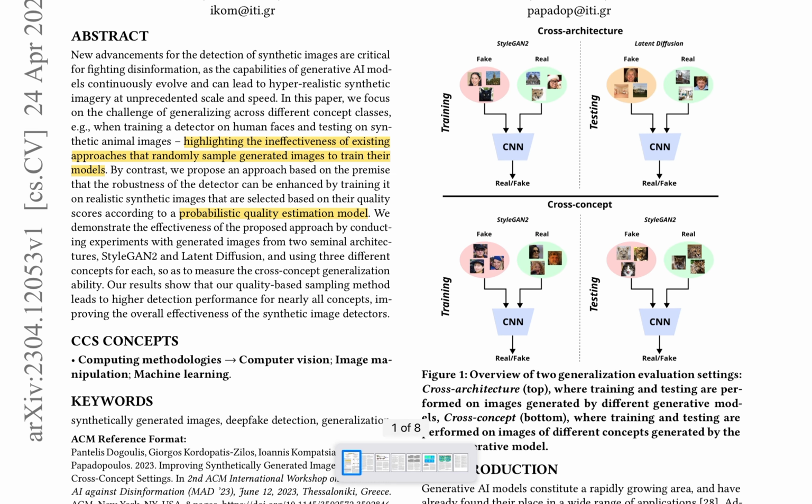We demonstrate the effectiveness of the proposed approach by conducting experiments with the generated images from two seminal architectures, StyleGAN2 and latent diffusion, and using three different concepts for each, so as to measure the cross-concept generalization ability.